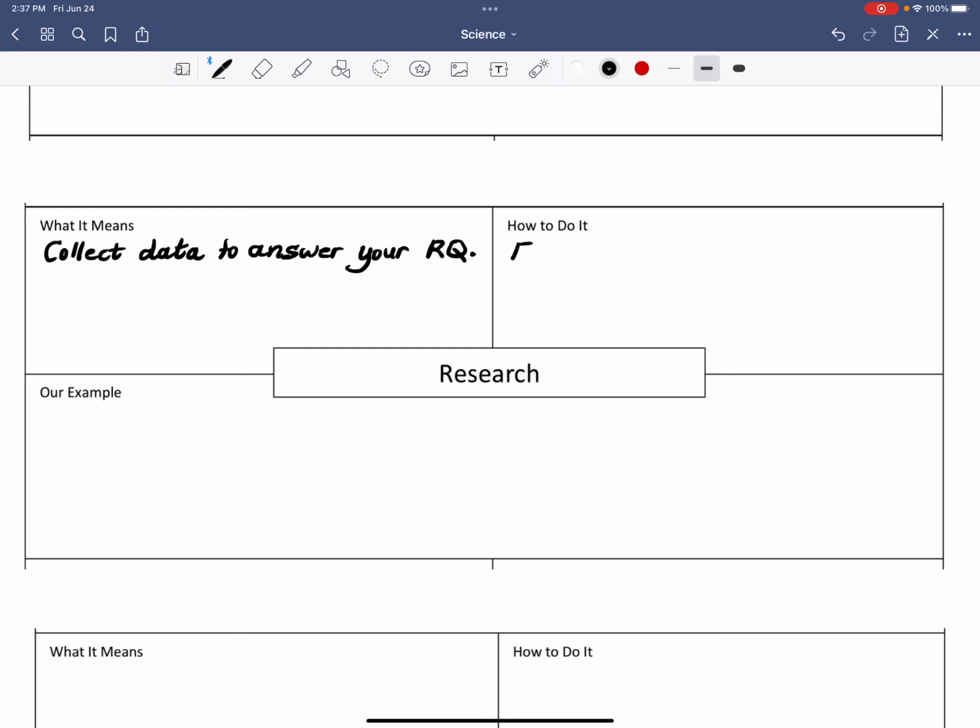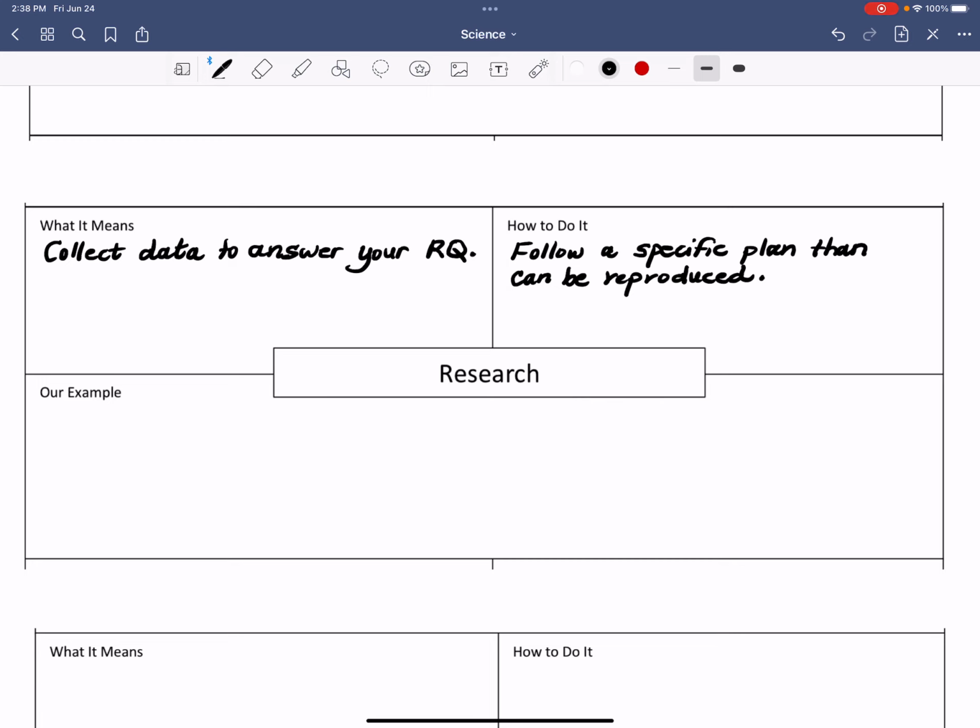You must follow a specific plan that can be reproduced. So to collect scientific data, you want to do it in a way so that another researcher can reproduce your experiment exactly the way you did it.